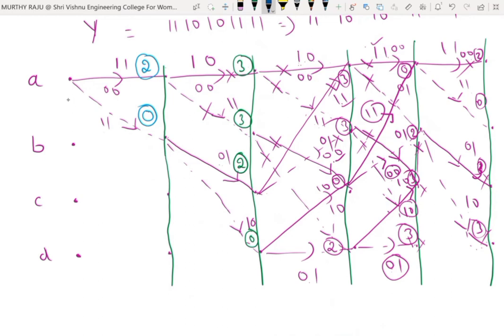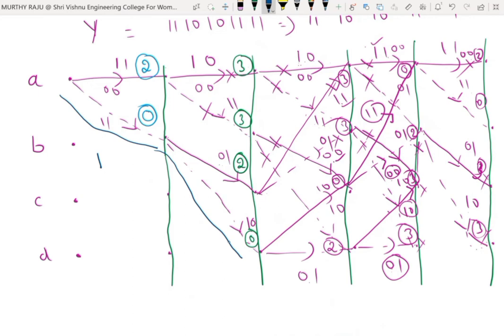Now we have to find out the survival path, that means with the minimum value. Consider this 0. Here dashed lines represent input bit 1. From this 0, another 0 is there. Here 2 and 0 are there.